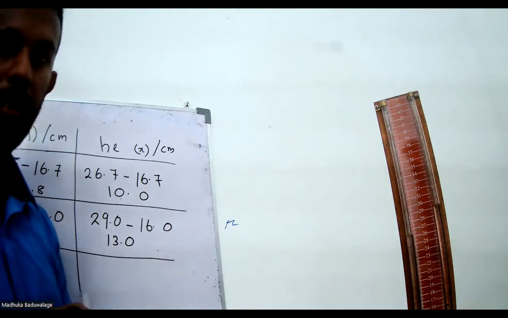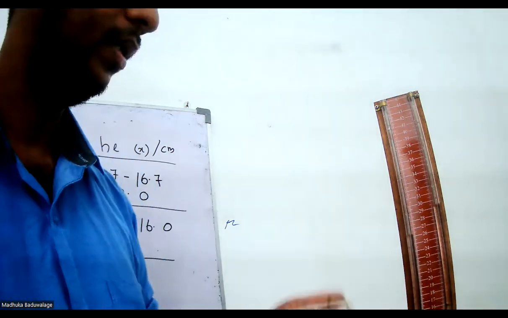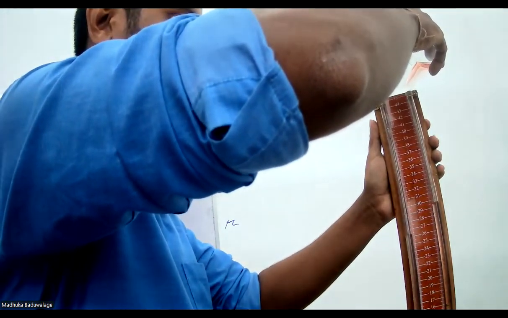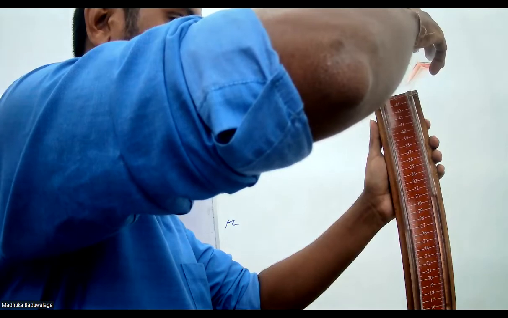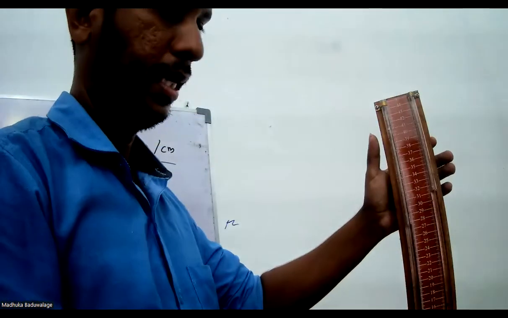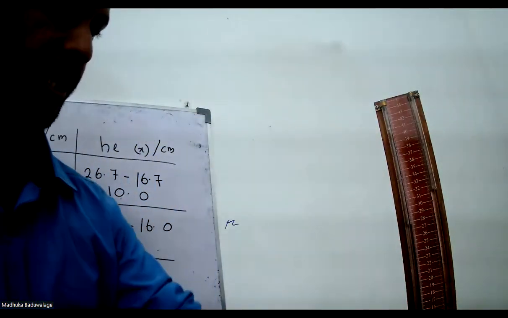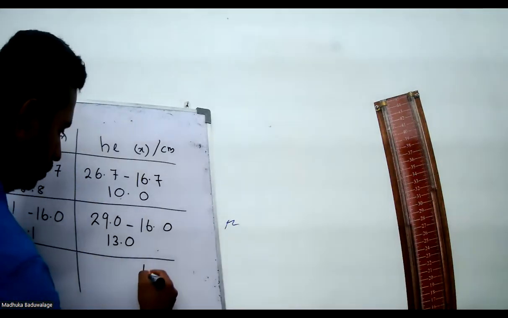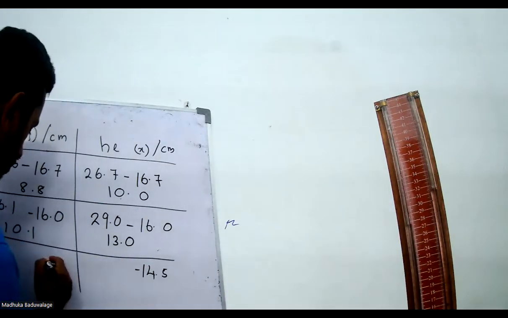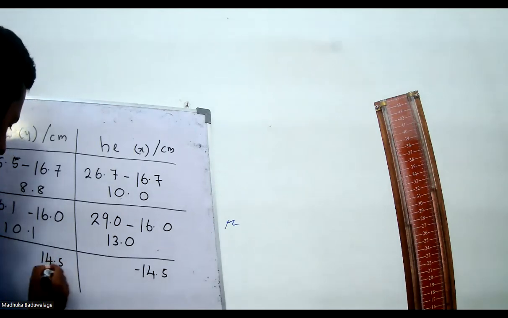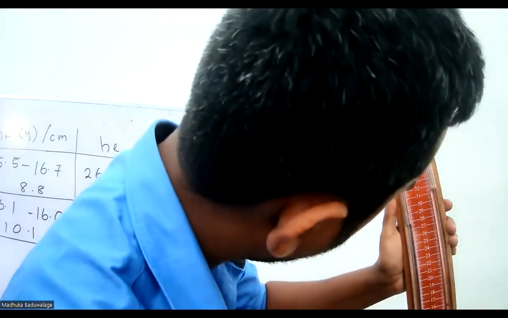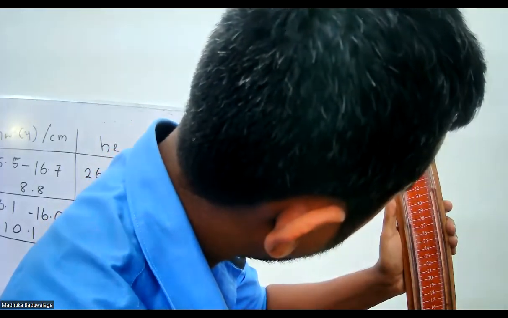Now I am going to again add kerosene oil, on the right hand side down. Again, the common interface position is going to change. The new position is 14.5. The upper meniscus position of the kerosene oil column is now 31.3.